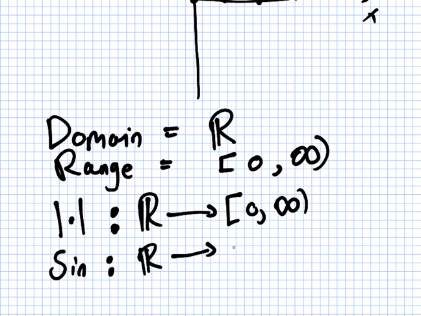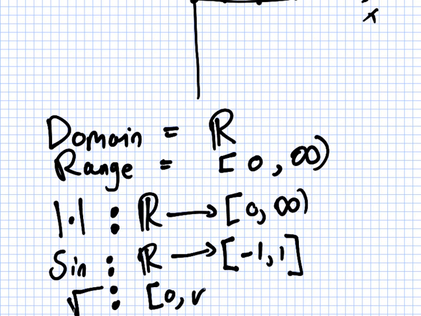And what's the range? What is it? For sine? Yeah? Come on, wake up, you're all asleep. Square root x, what's the domain? Domain, all real numbers. Sorry, 0 and all positive numbers. And what is the range? 0 and positive. Anyway, I'm just showing you a different way to write domain and range.